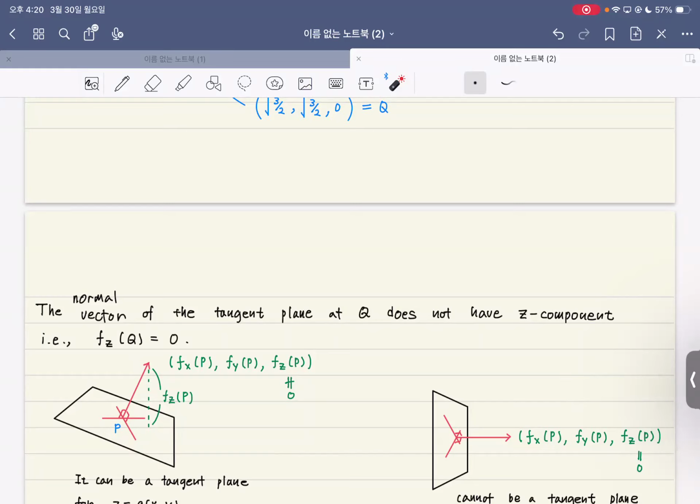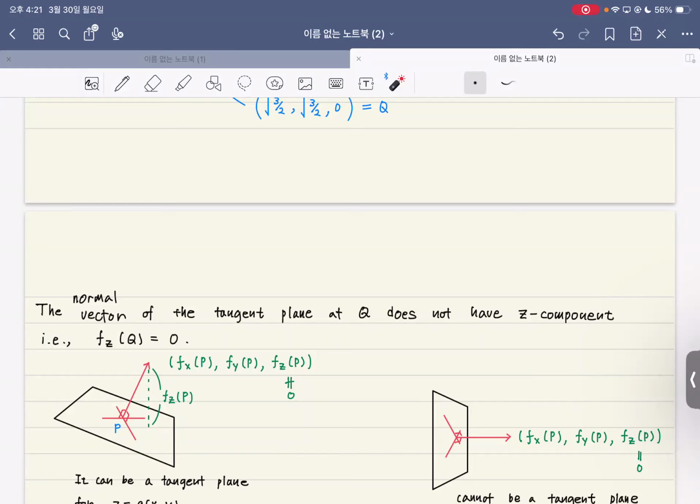Therefore, previously, when the point P is (1, 1, 1), the tangent plane at the point P was not vertical. It is somehow slanted, but not vertical, right? In this case, this is my f. Therefore, the gradient vector is (2x, 2y, 2z).